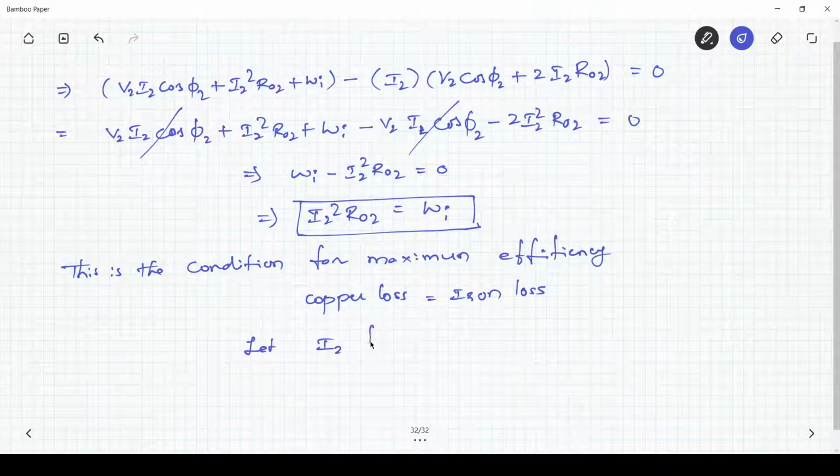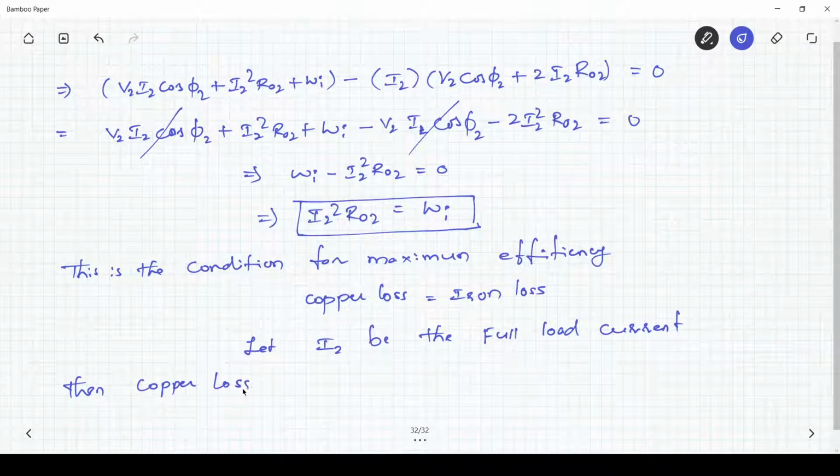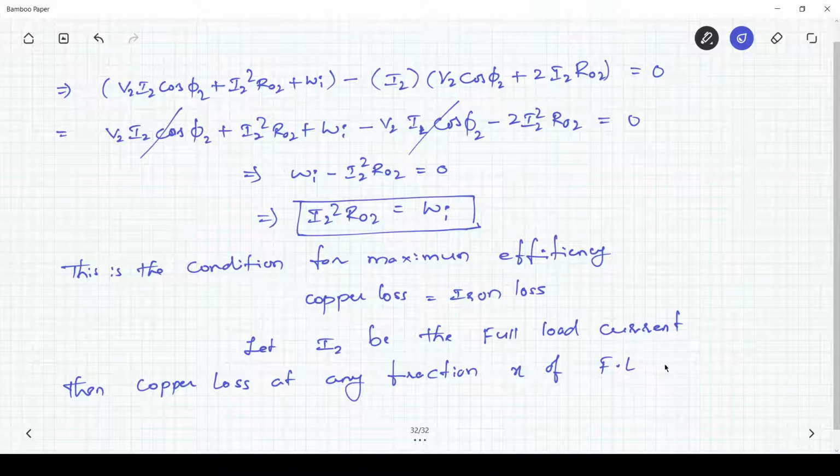Let I2 be the full load current. Then copper loss at any fraction x of full load current, x of full load current meaning x I2. I will substitute x I2 in place of I2 here.